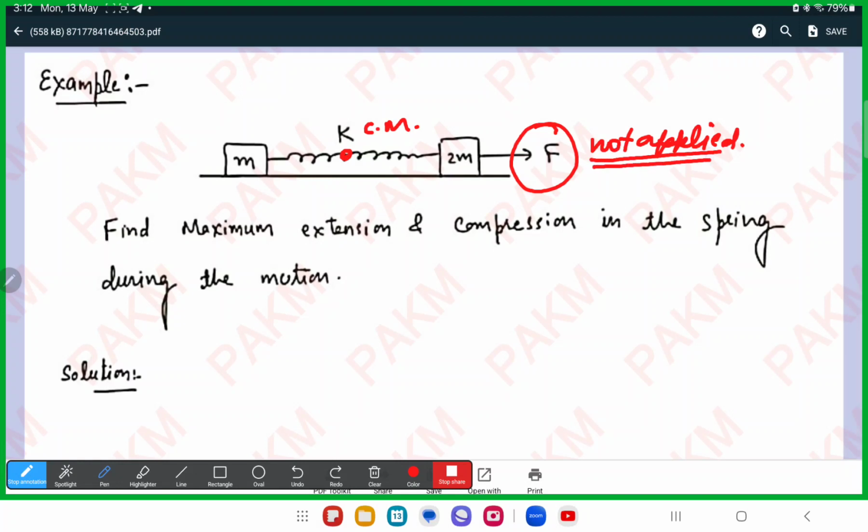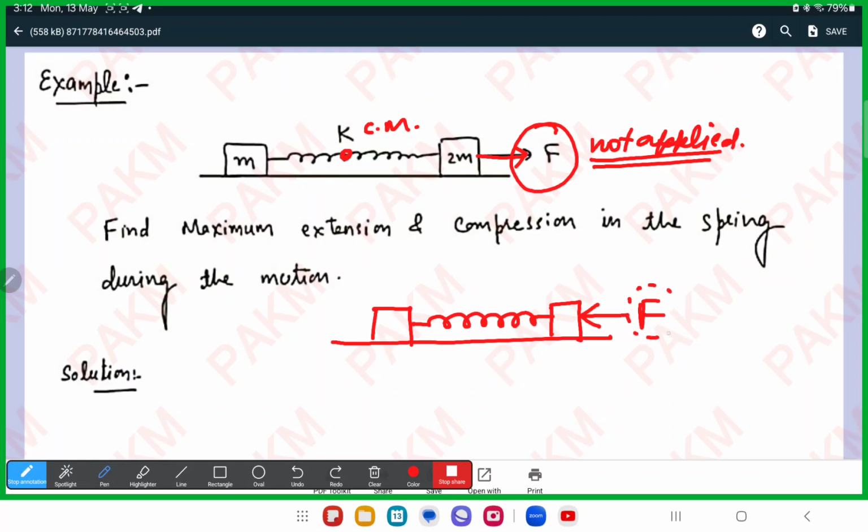Now the external force is applied in the outward direction. Two situations may be possible here: the external force applied in the inward direction, and the external force applied in the outward direction. These are the two situations.